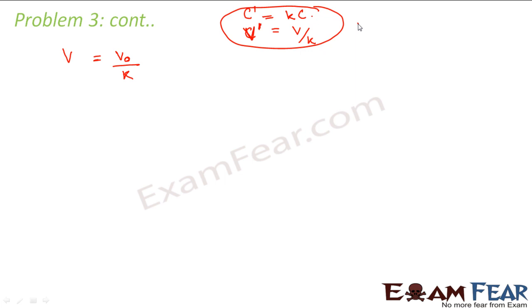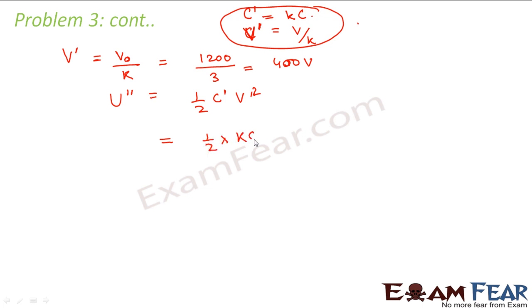Your potential will become 1200 divided by 3, that is 400 volts. So what will be your new energy? The new energy will be half C dash V dash squared, which is half into KC into V naught by K whole squared.